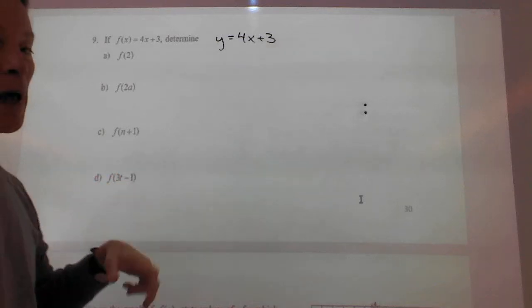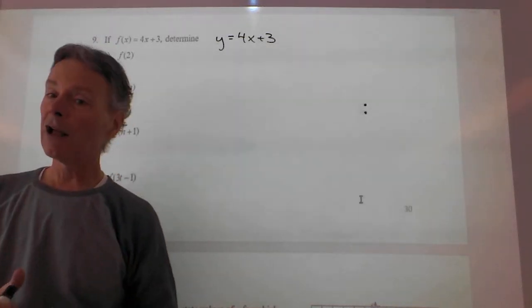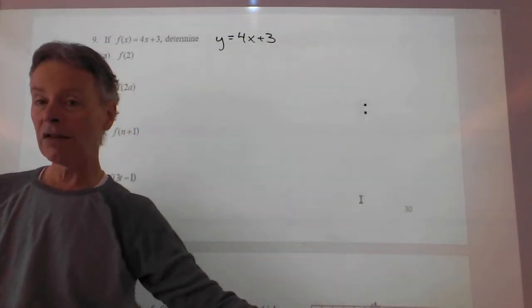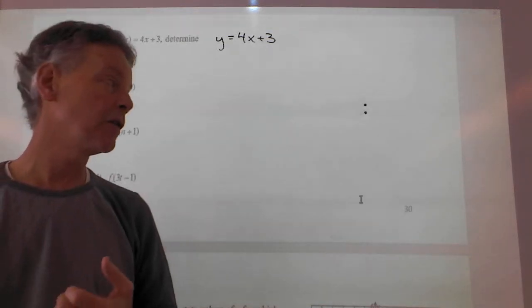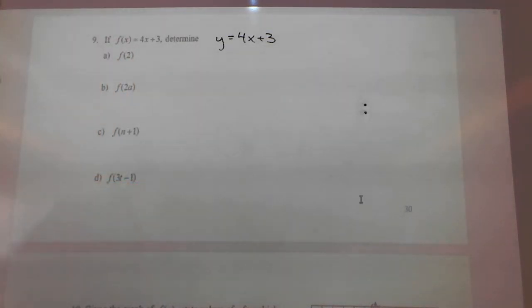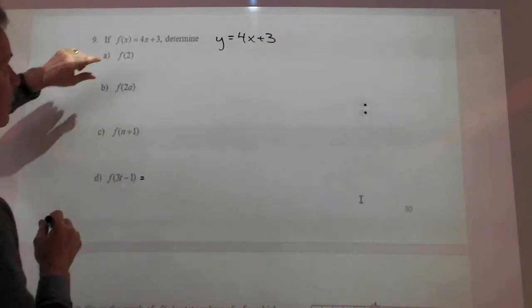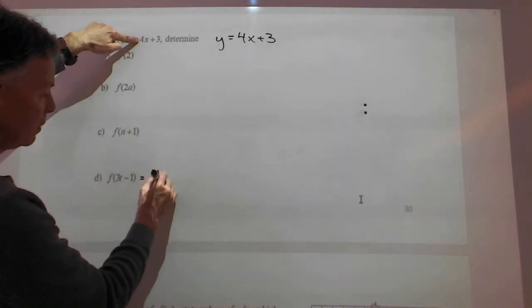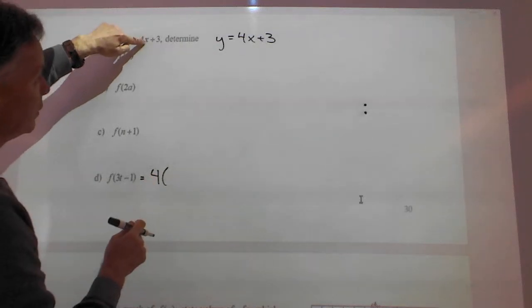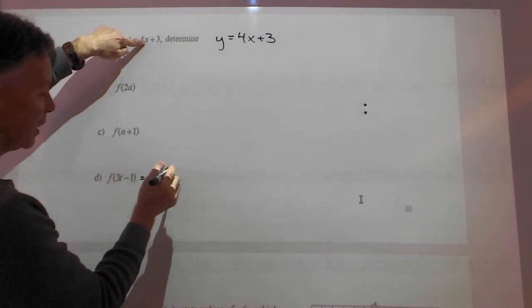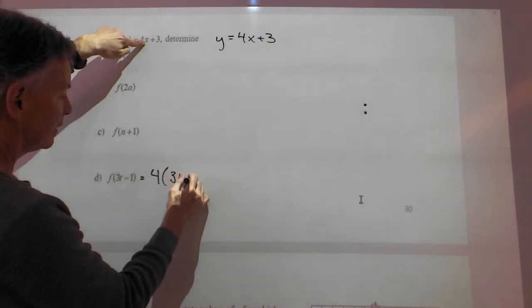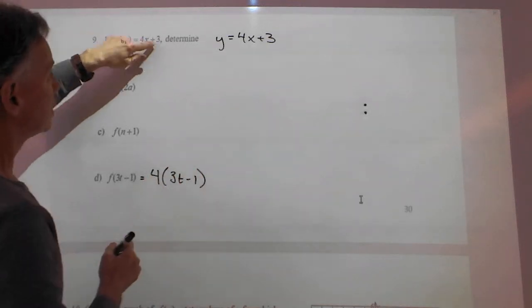The nice thing about math is the rules apply the same for the easy things as they do for the more difficult things. So, what we're going to do is we're going to say f at 3t minus 1 equals 4 times, where you see x, we're going to plug in 3t minus 1, plus 3.